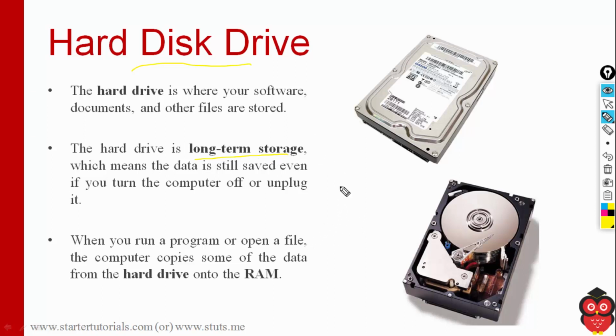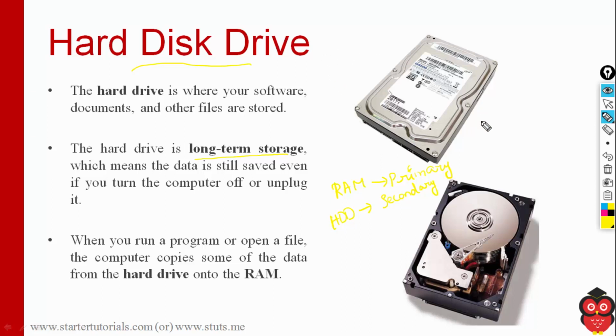I want to mention one more thing. RAM is called primary memory, whereas hard disk is called secondary memory. What does this distinction mean?